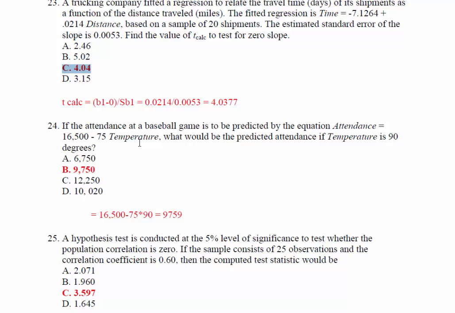If temperature decreases, attendance goes up, right? So how would you calculate this? You basically plug in the 90 degrees for temperature. So the attendance equals 65,500 minus 75 times 90 degrees. This will give you 97.59. Okay? And this is the closest one.